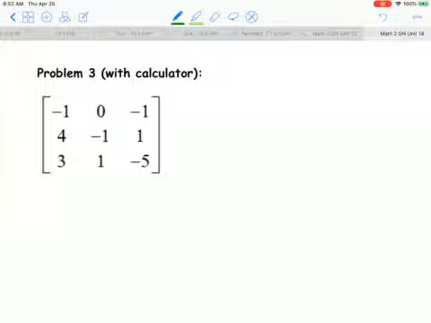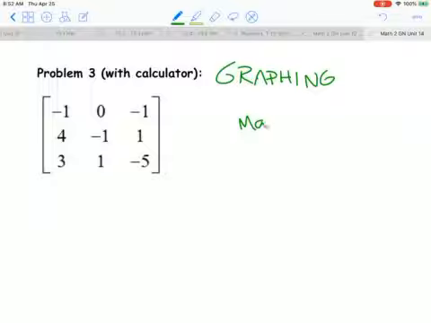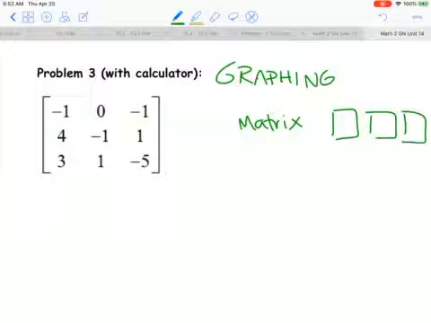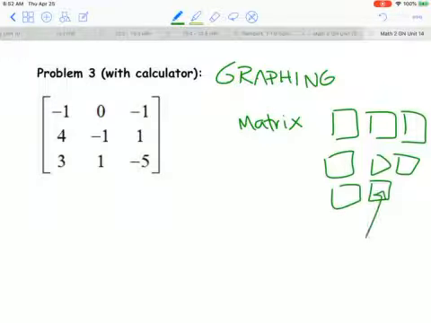Now this next one is with a calculator. So what I want you to do is in your graphing calculator, okay, these are directions for if you have a TI-83 or 4. So you click on the button that says matrix. It's kind of on the top left. It's right there.